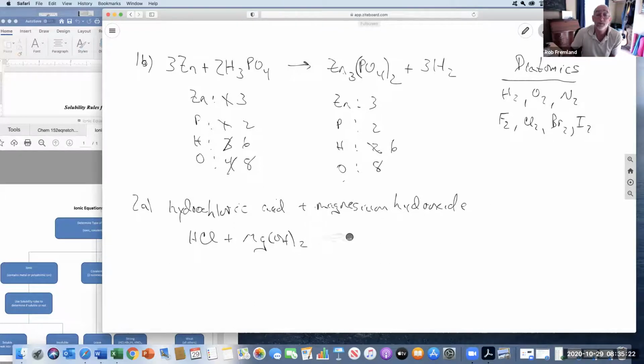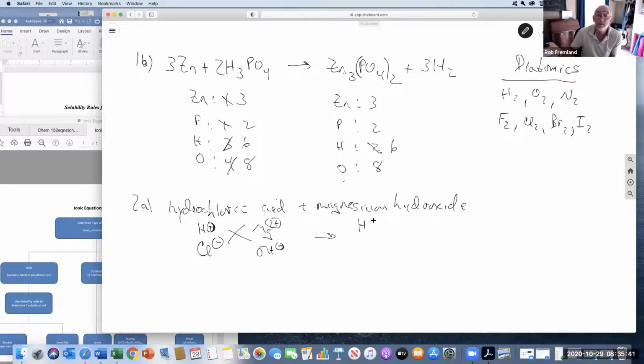The products, actually, let me do this. Let me just move this down just a step. I'm going to do it this way. I'm going to put in every step. So magnesium hydroxide, the products will be where these switch.